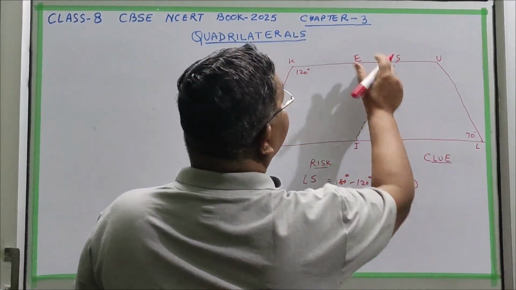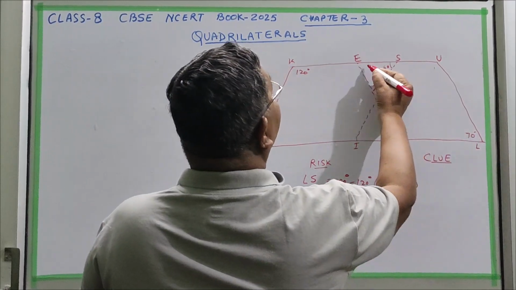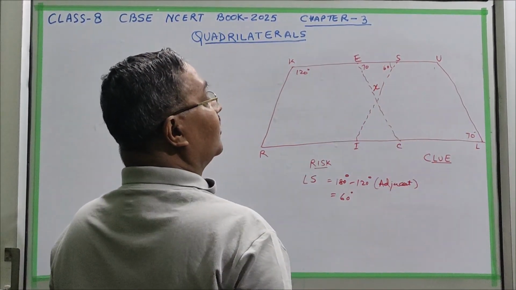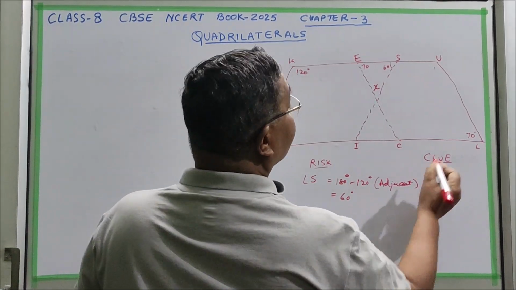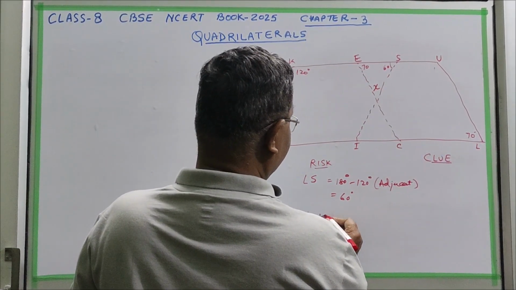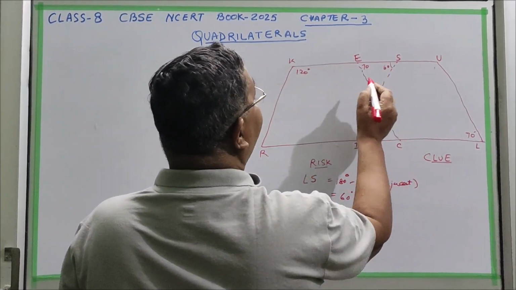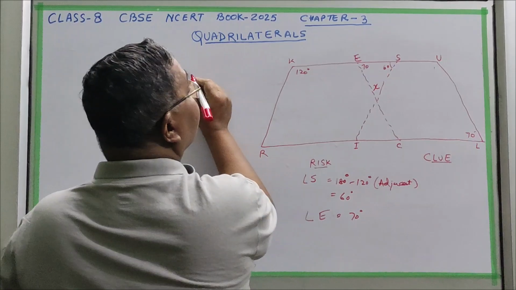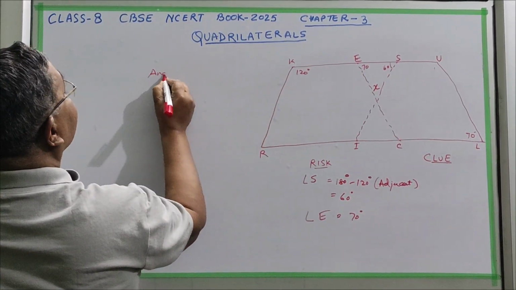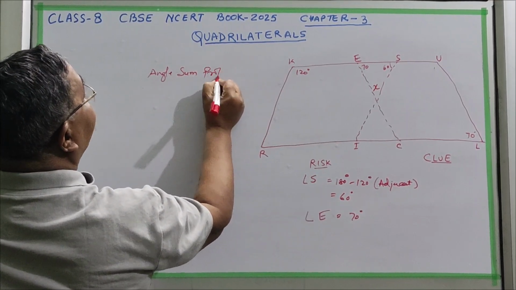Now in this parallelogram, this is 70. So this will also be 70, because opposite angles of a parallelogram are always equal. So angle E will be 70 degrees. Now we will use the angle sum property of a triangle.